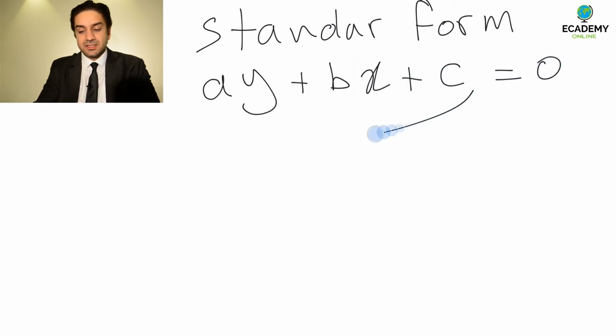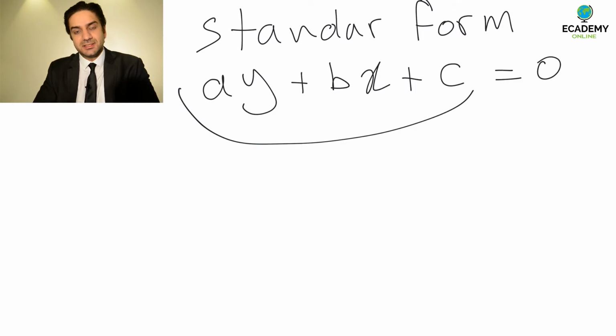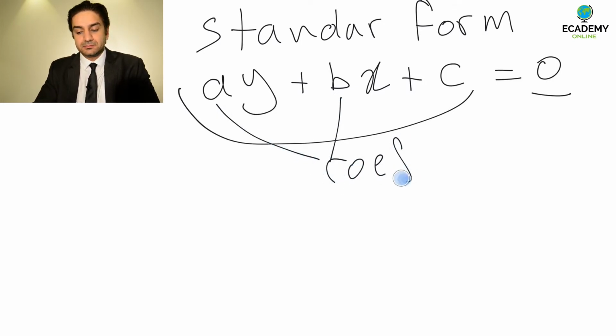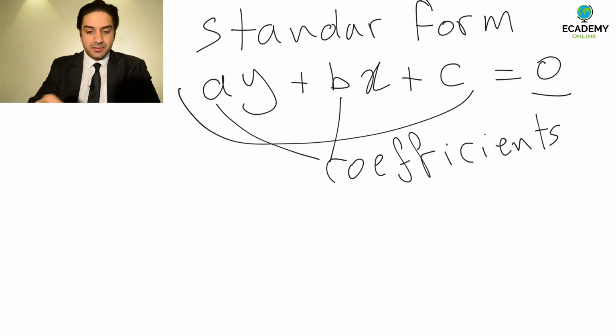So everything is on one side and the 0 is on its own. I have coefficients for the x, coefficients for the y. And that's it.